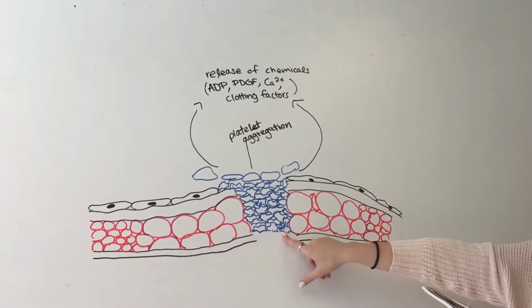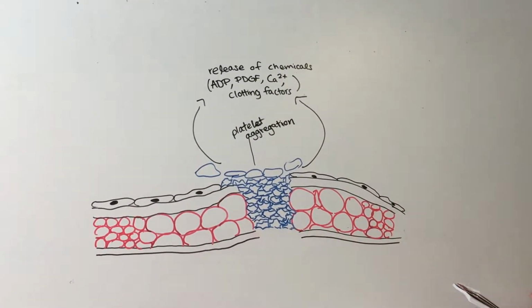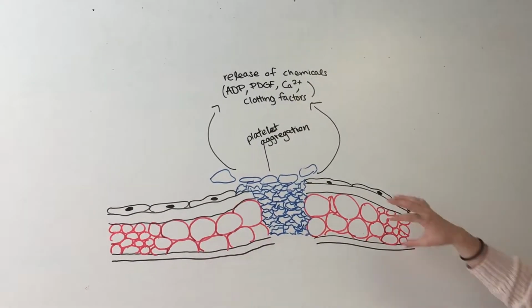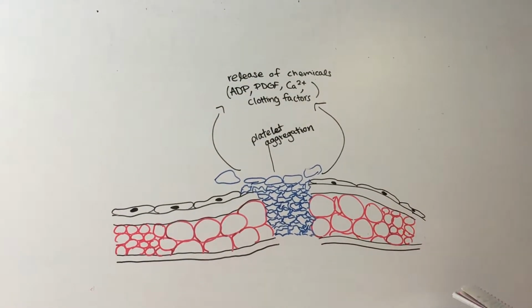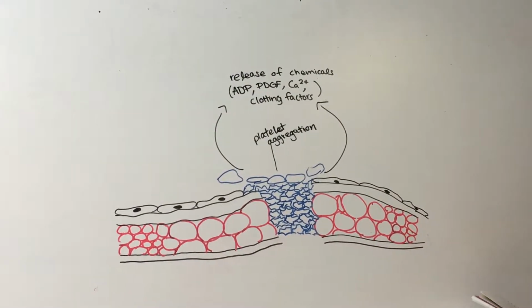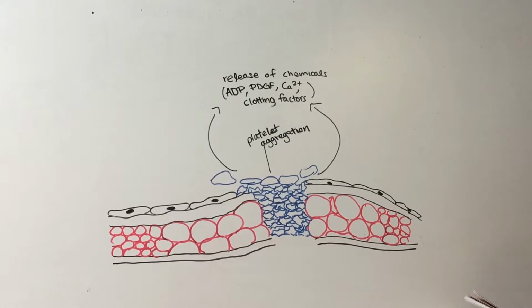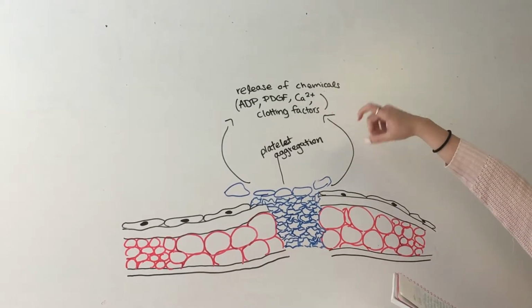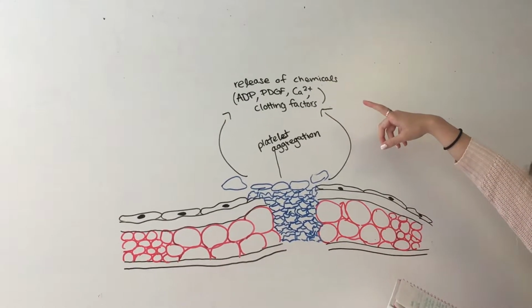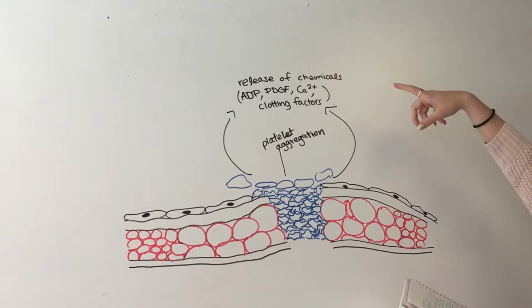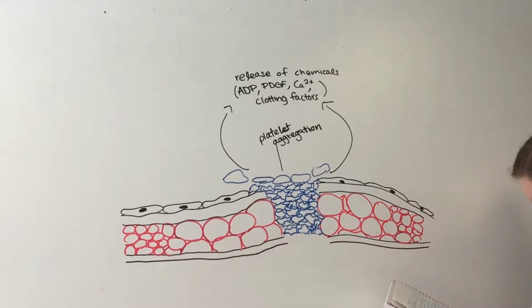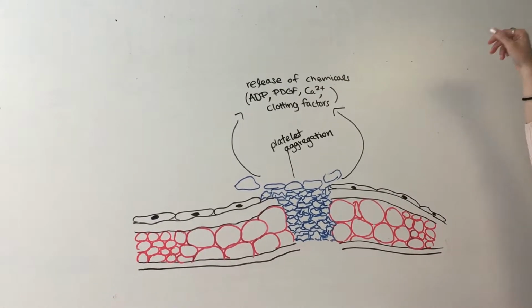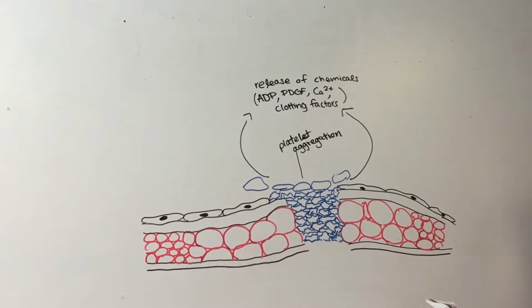The beginning of the platelet phase starts when the platelets attach to sticky endothelial surfaces, the basement membrane, and to the exposed collagen fibers. This is also known as platelet adhesion. After that, the platelets release the compounds adenosine diphosphate, or ADP, thromboxane, clotting factors, platelet-derived growth factor, calcium ions, and all this starts the process of platelet aggregation.